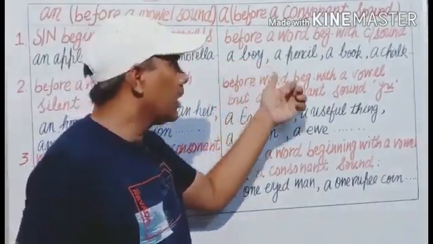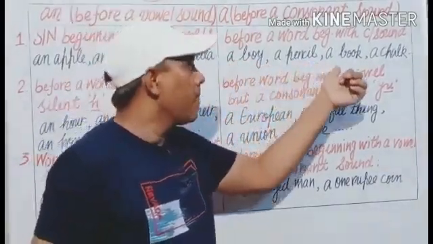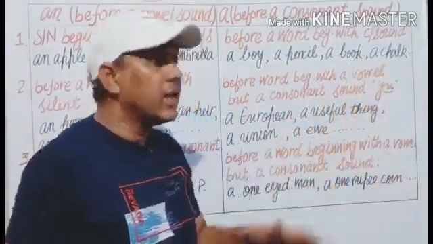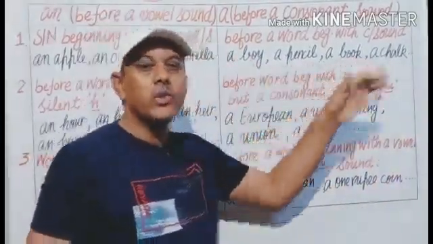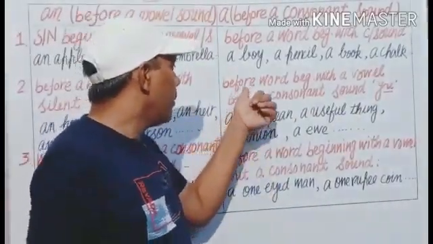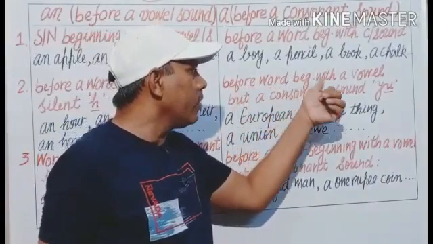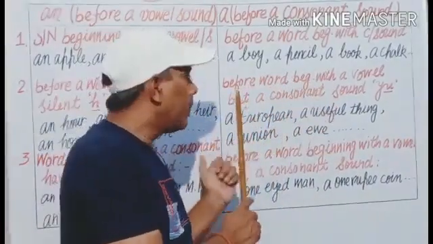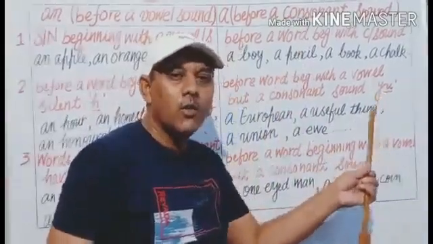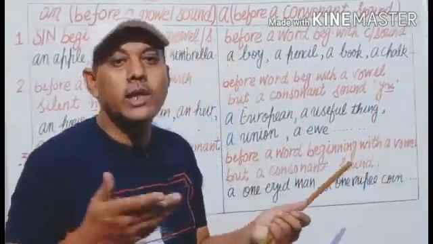A boy, a pencil, a book, a chalk, etc. In this way, we use a before them.